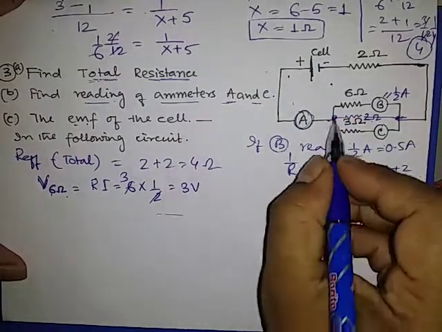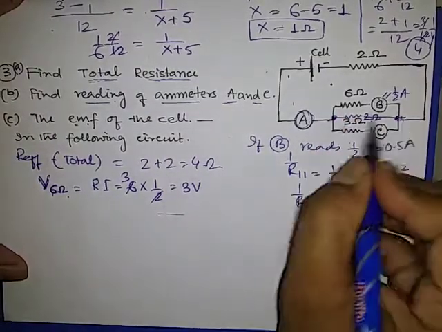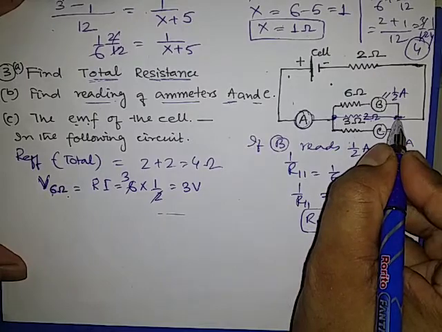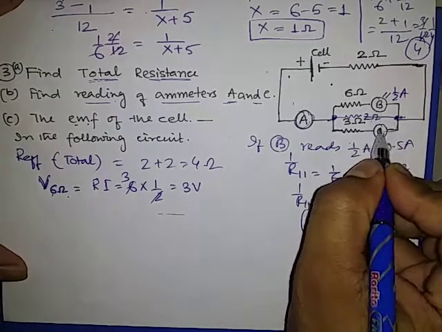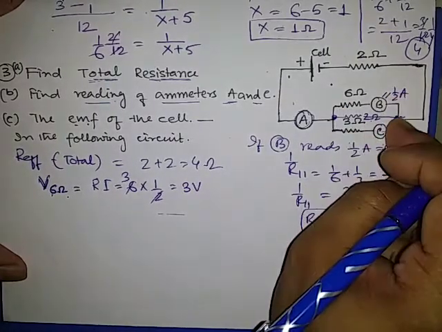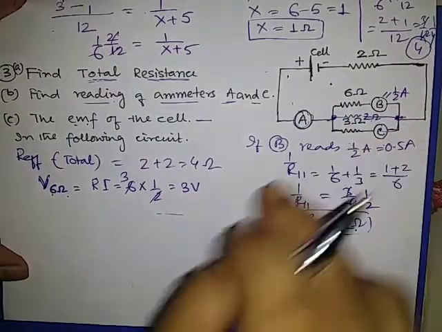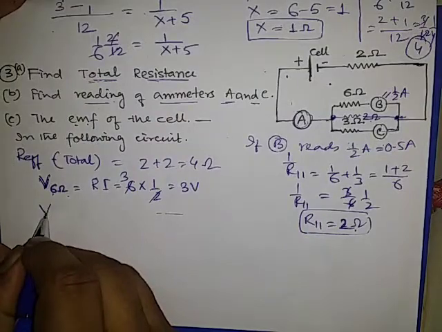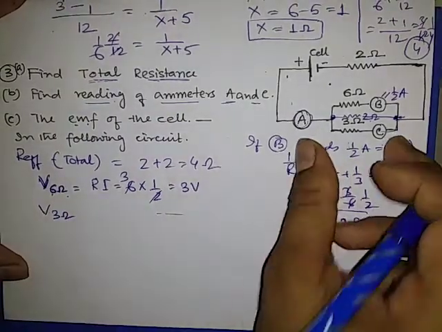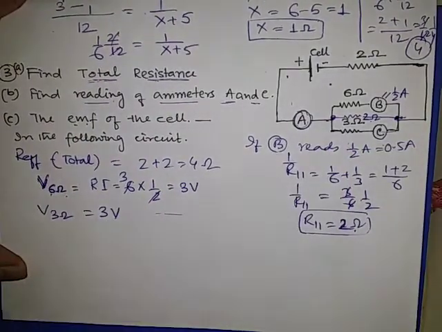The same potential drop will occur across the 3 ohm also, because B and C, this side and that side, are connected in parallel. So there is the same voltage. It means for 3 ohm also the voltage will be the same, 3 volt.